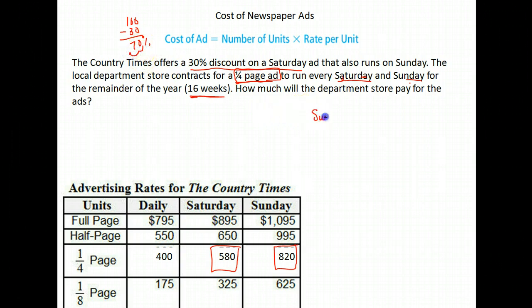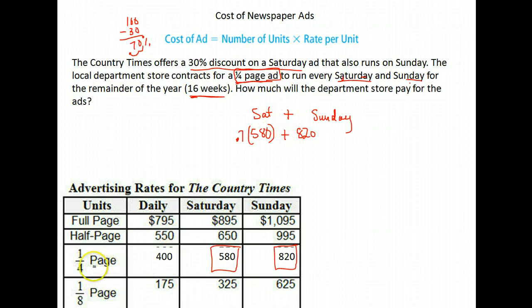Okay, so we have our Sunday rate and we have our Saturday rate. We're going to add those together. Again, our Saturday rate was $580, but we're only paying 70% of that. So we're going to take it times 0.7. Sunday we paid the full rate of $820. Again, make sure you're in the right spot.